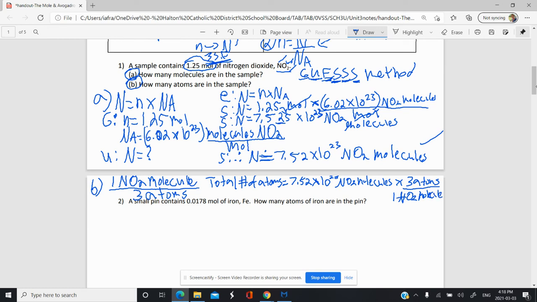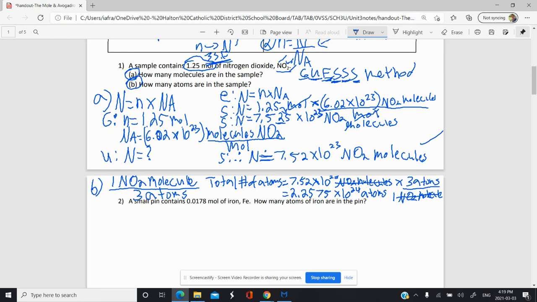And so I can cross NO2 molecules out, and I'm left with atoms. So when I do that, I get my answer from the previous question times 3. I get 2.2575 times 10 to the power 24 atoms.